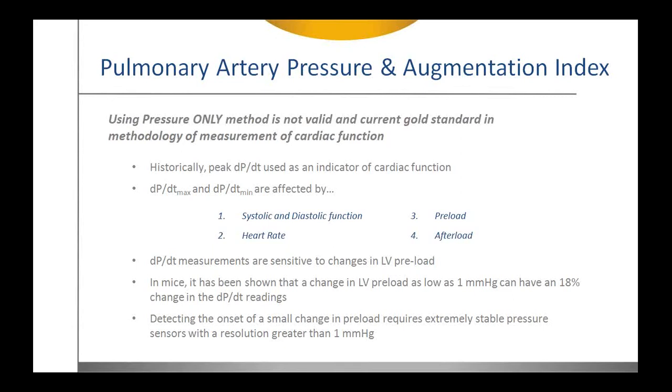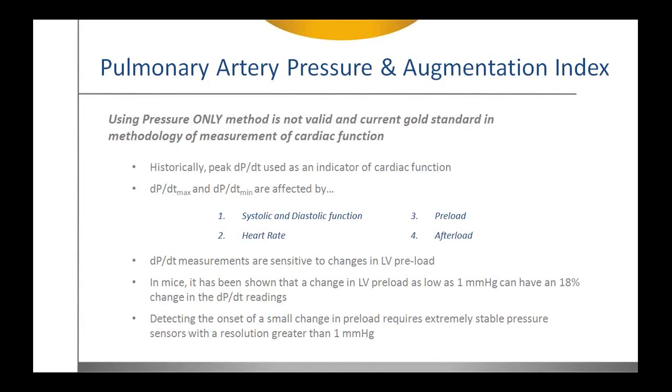We know about that. dP/dt max and min are affected, however, by systolic and diastolic function, heart rate, preload, and afterload. dP/dt measurements are sensitive to changes in LV preload. In mouse, for example, it has been shown that a change in LV preload as low as 1 millimeter of mercury can have an 18% change in dP/dt readings. Detecting the onset of a small change in preload requires extremely stable pressure sensors with resolutions greater than 1 millimeter of mercury.